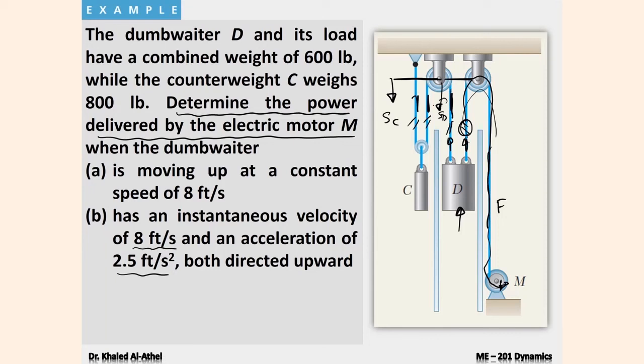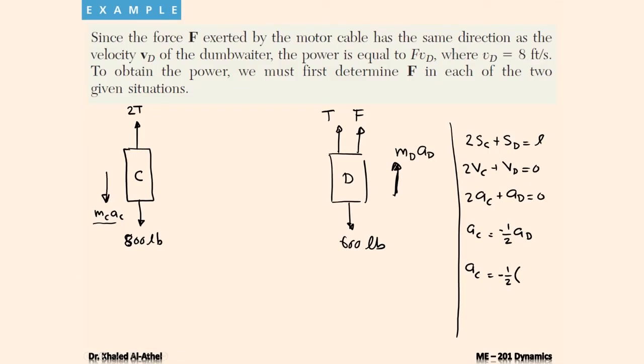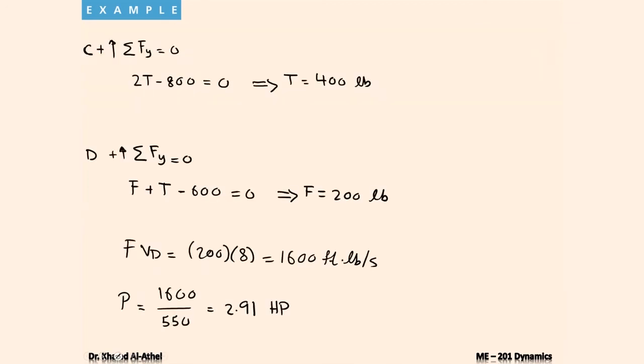SD is defined as downward, so downward is positive, whereas the problem says AD is moving upward, so it's negative. So this is minus half multiplied by minus 2.5. This gives me AC equals 1.25 feet per second squared. So AC is positive, meaning AC goes down. If D moves up, C moves down, and this is clear.